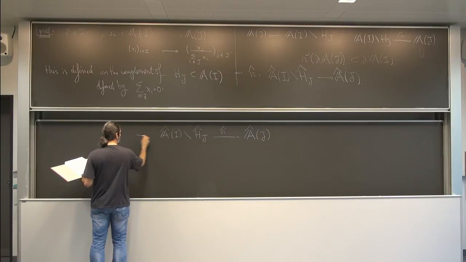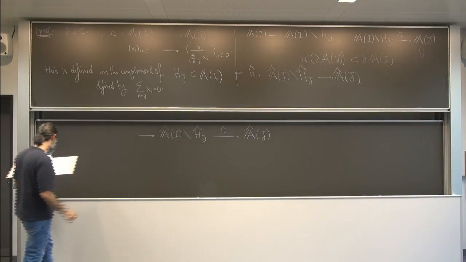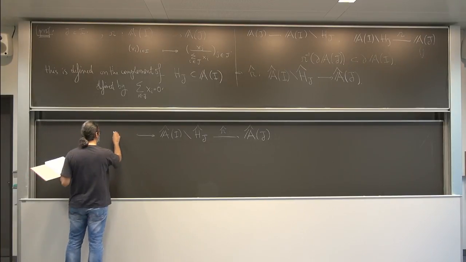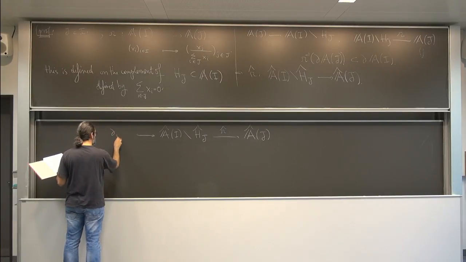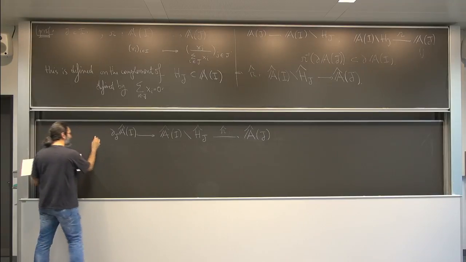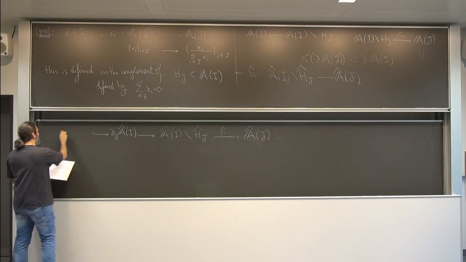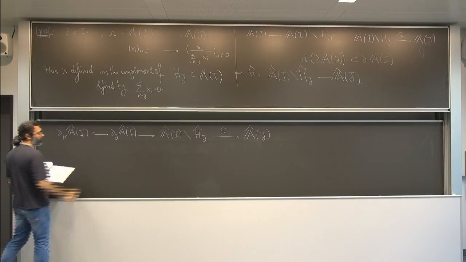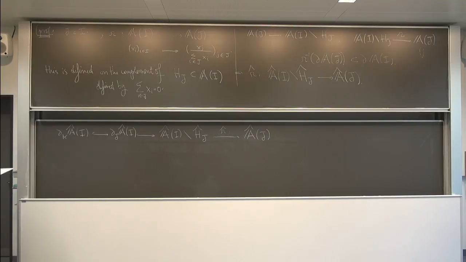So inside here we have partial G and inside this we have partial K. Okay, so we have this sequence of maps.